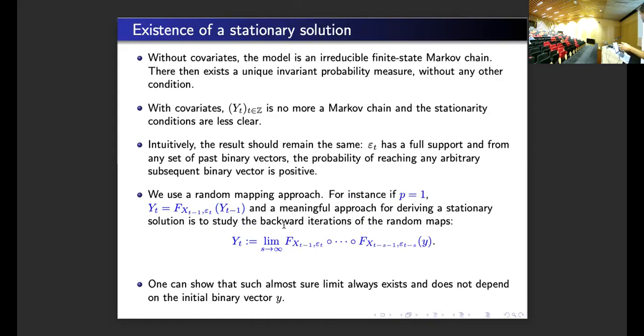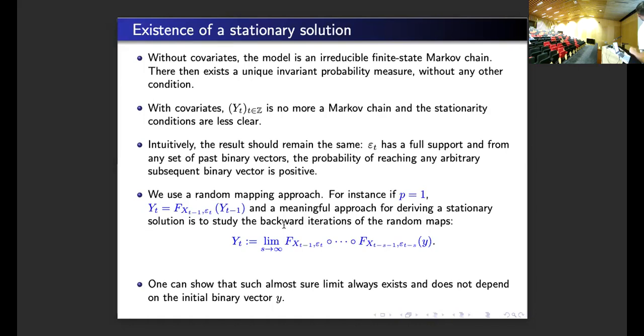If you don't consider the covariates, there is no problem for deriving stationarity properties for the following reason. We simply have an irreducible Markov chain, because since the Gaussian distribution has full support, the probability of reaching an arbitrary binary vector is always positive, whatever the previous value. So all the transitions are positive, so there is no difficulty.